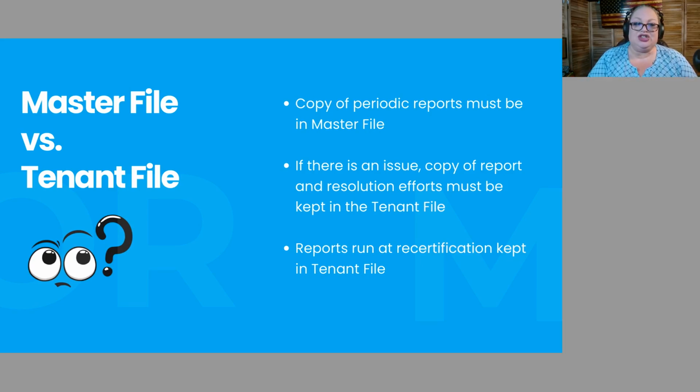If there's an issue, you want to put a copy of any report that has the issue and your efforts to resolve in the tenant file. So resolution efforts are always going to be in that tenant file. And then reports run at certification are kept in the tenant file. Your existing tenant search, that 90-day for now income report, and all of your income reports that you run with annuals, those are all going to be kept in the tenant file.